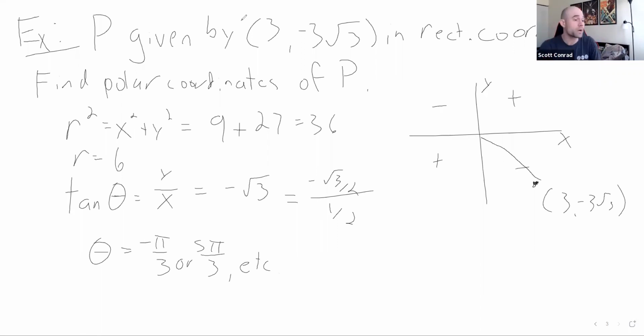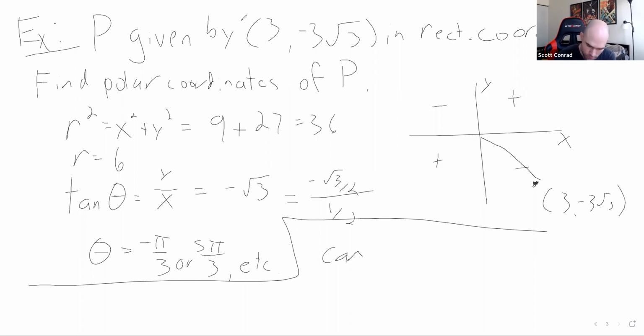Okay, so here's why you need to be careful. Tan theta is also equal to negative root 3 for 2 pi over 3 as well.